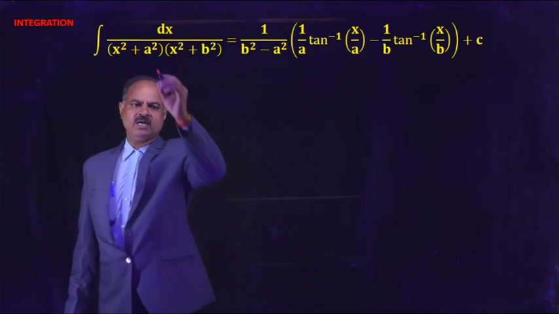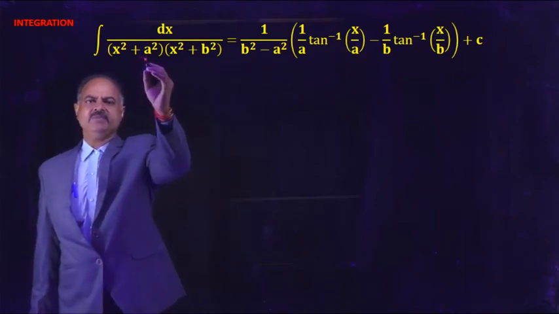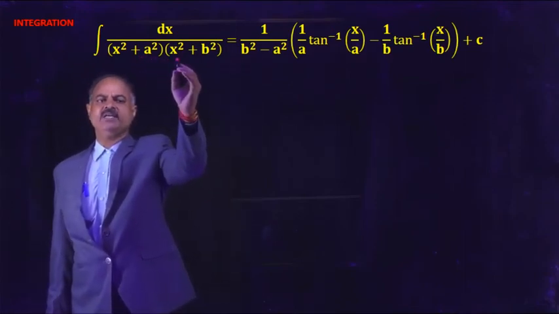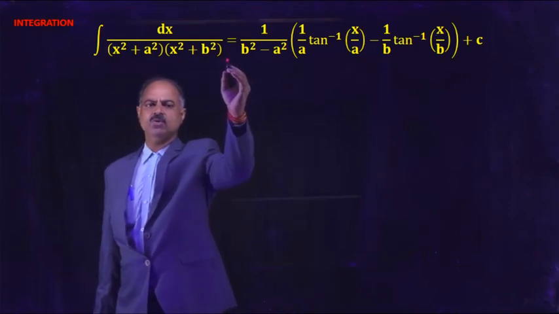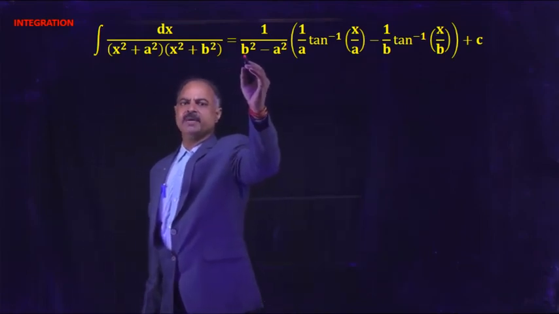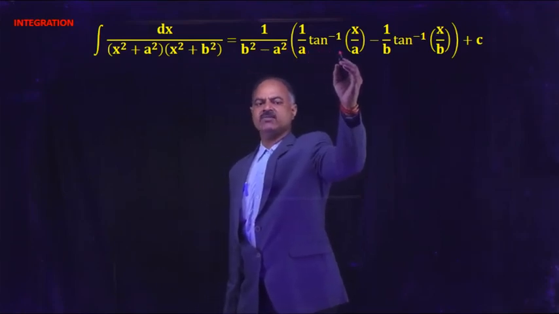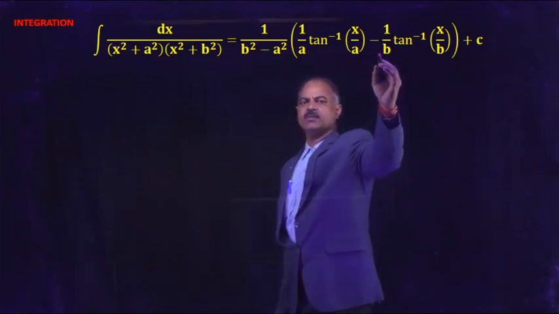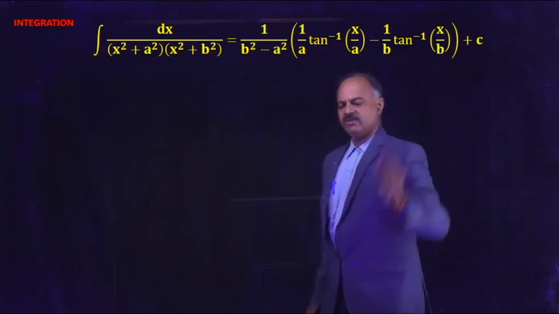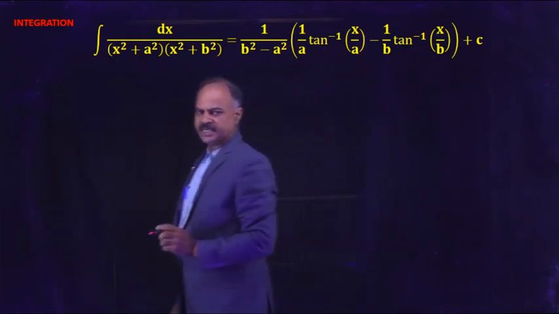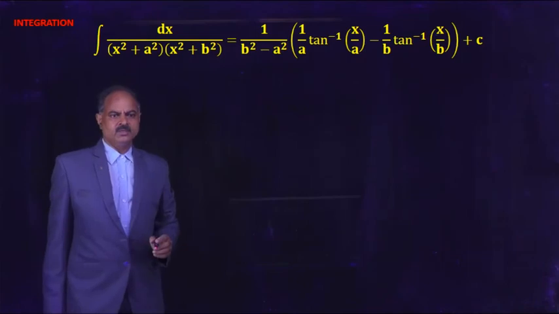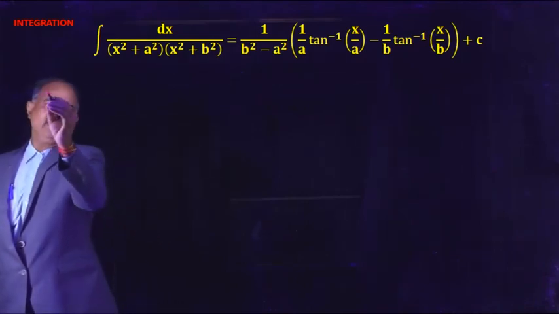Next formula: integral dx by (x square plus a square) into (x square plus b square) is equal to 1 by (b square minus a square) into [1 by a into tan inverse x by a minus 1 by b into tan inverse x by b] plus integration constant C. So first take LHS.